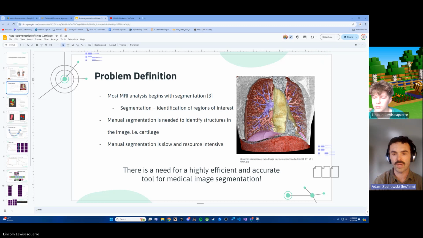Segmentation is typically done manually, but that's very slow and resource intensive because someone has to manually go through each slice of the MRI and segment out the desired structures. Ideally, we'd be able to do this automatically in a really efficient and accurate way, since segmentation is needed for studying all the outcomes we previously discussed, as well as planning surgeries, making diagnoses, and many other things.